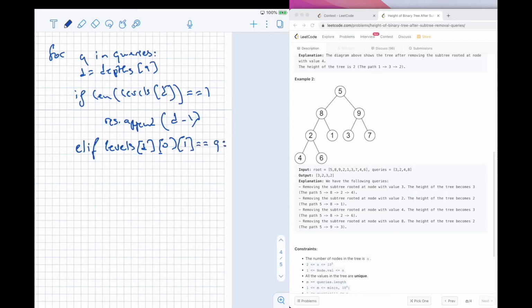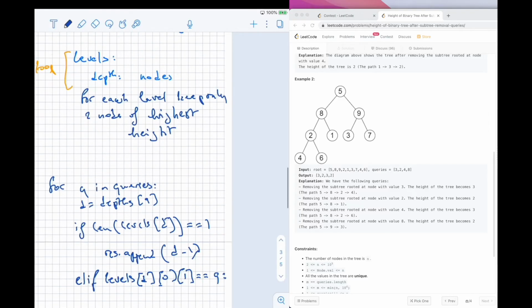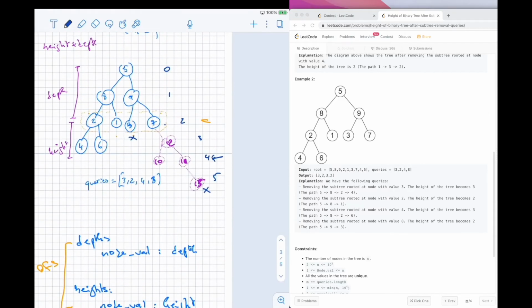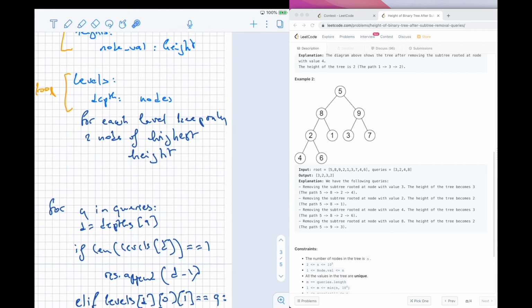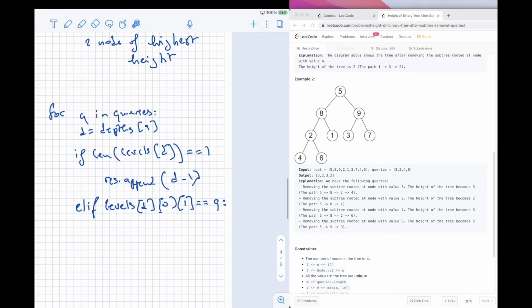If that's equal to query, that means we are actually removing the highest one. That can happen if Q is equal to 7. If Q is equal to 7, that means we want to actually remove this subtree here for 7. And so we just need to grab the next largest height, which is 2. Since we had 2 levels only, the 2nd largest one would be the one in position 1.